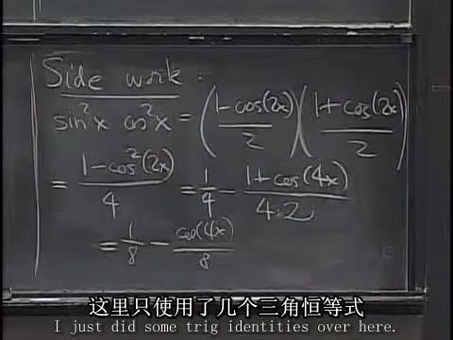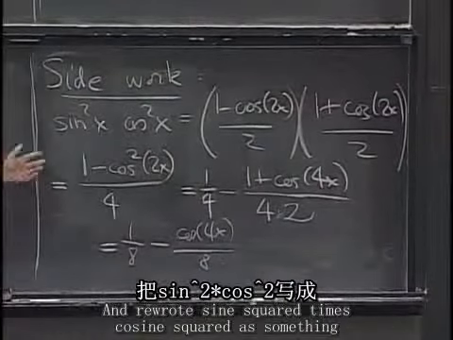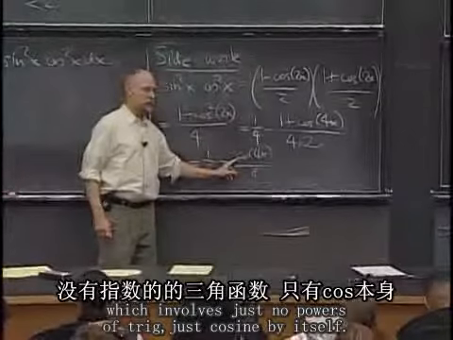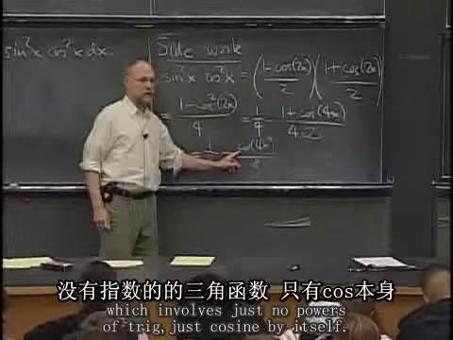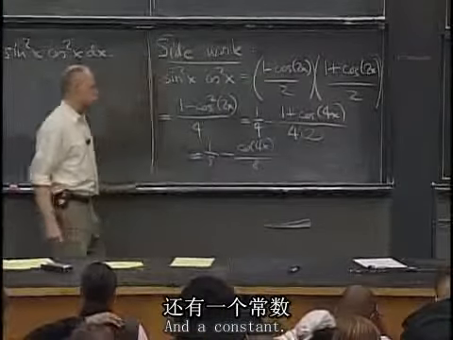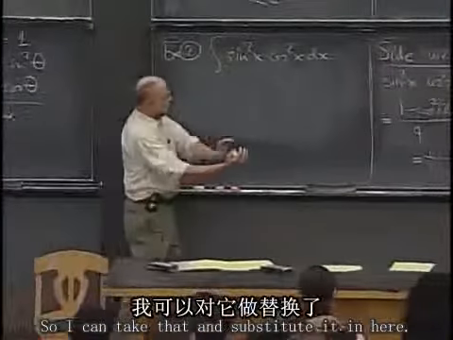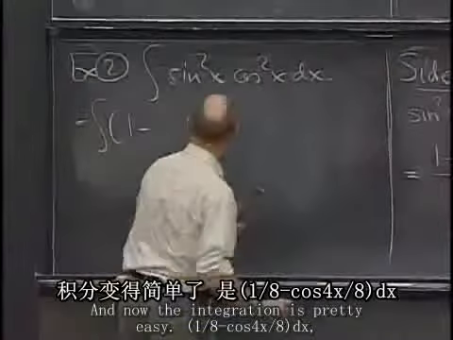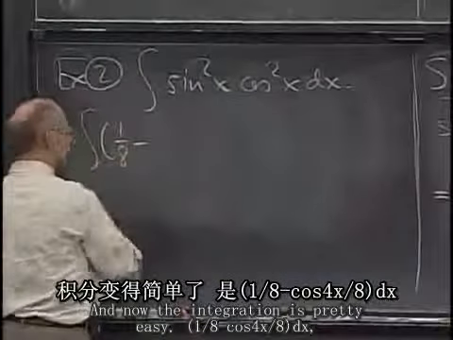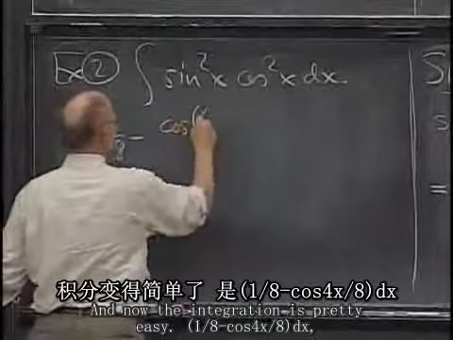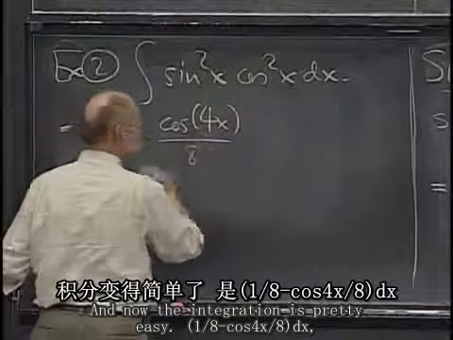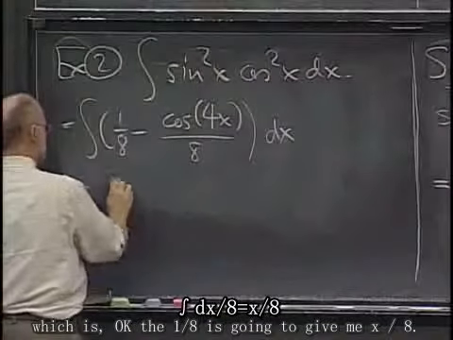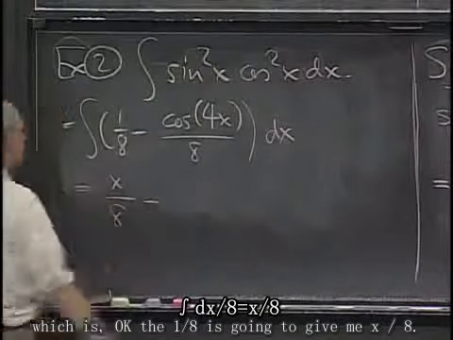I just did some trig identities over here and rewrote sine squared times cosine squared as something which involves no powers of trig, just cosine by itself, and a constant. So I can take that and substitute it in here, and now the integration is pretty easy. 1/8 minus 1/8 cosine of 4x dx, which is, okay, the 1/8 is going to give me x over 8.